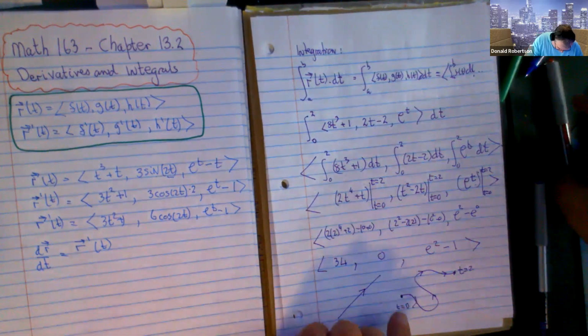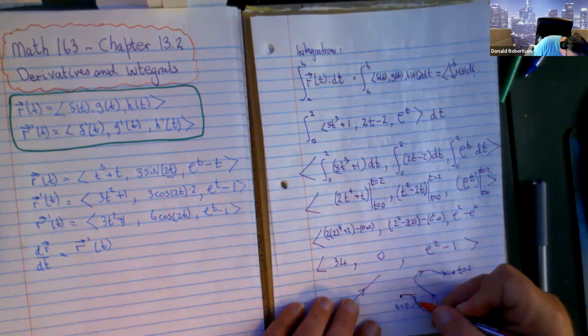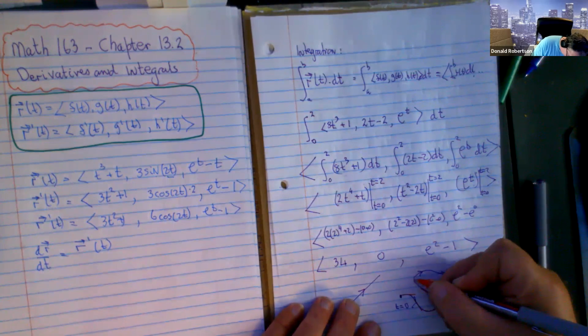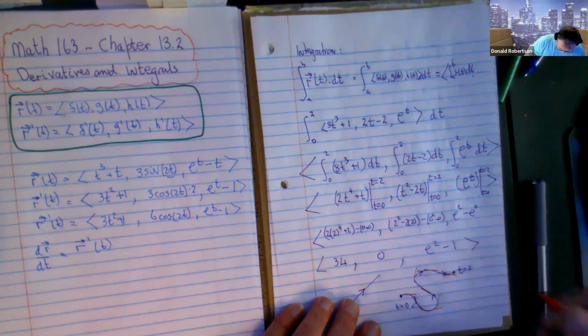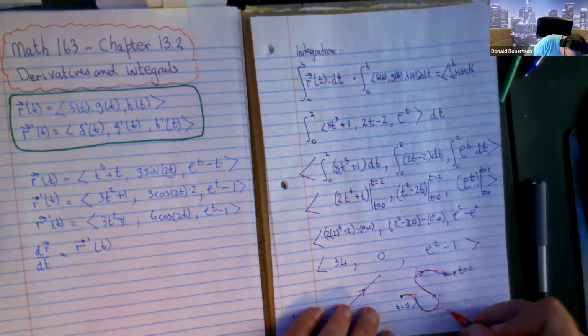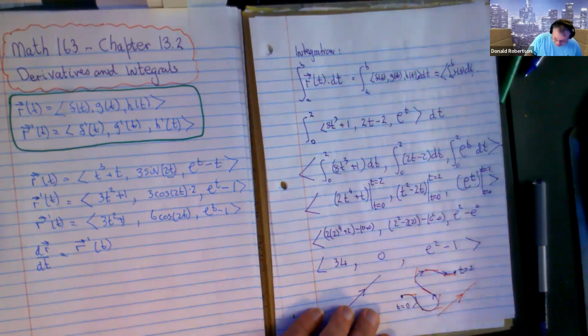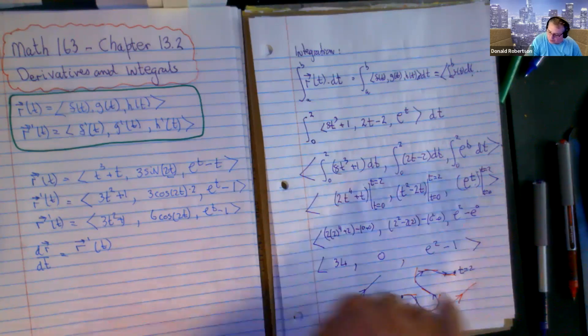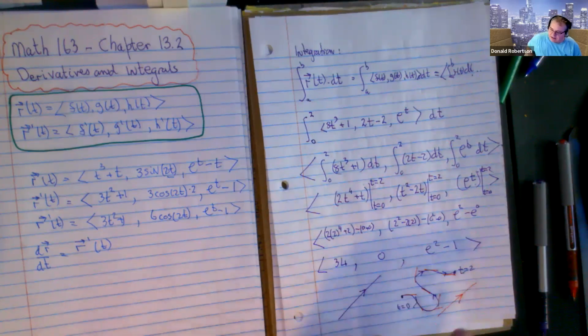At every single point on its journey, you're going in a certain direction. This vector here is essentially the average direction. So although you're zigging and zagging, the accumulative effect is you're going that way.